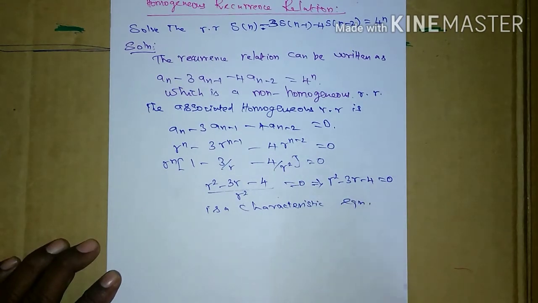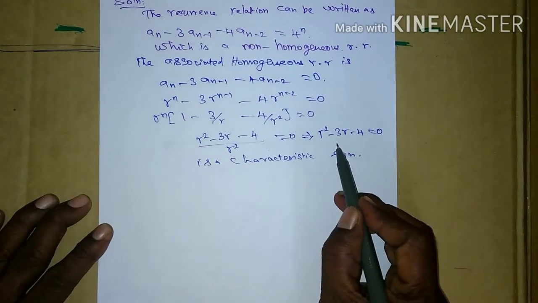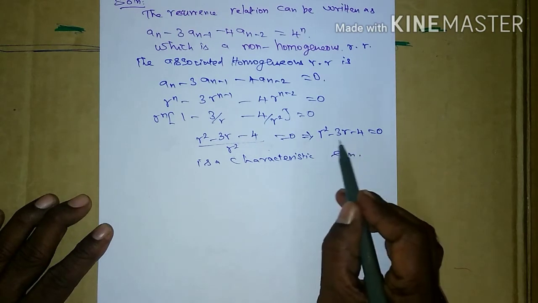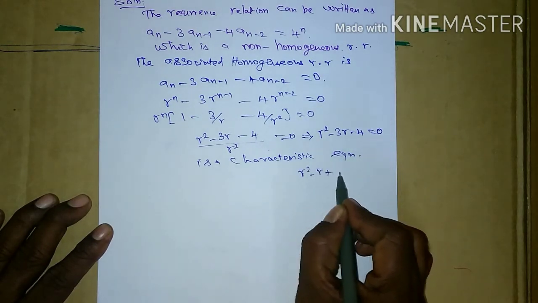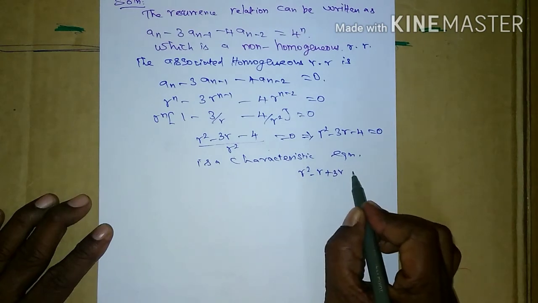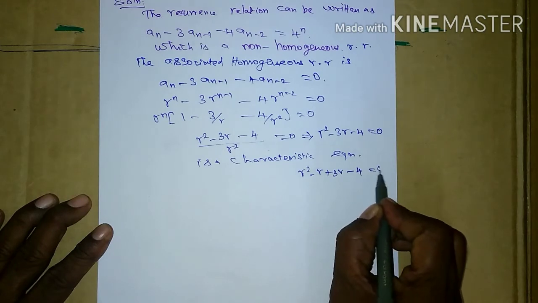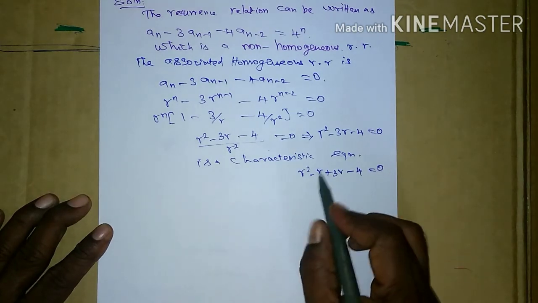Finding the roots of the characteristic equation. Put r square minus 4r plus r minus 4 is equal to 0.